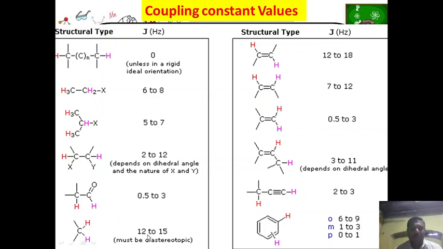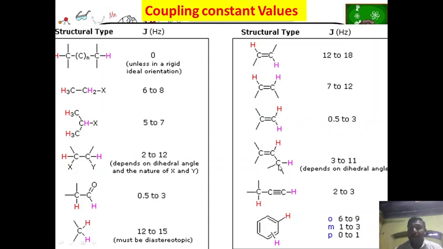Vicinal protons show 12 to 15 if a diastereotopic center is present. In unsaturated compounds, trans coupling across a double bond is about 12 to 18, cis coupling is about 7 to 12, and geminal coupling of the CH2 on a double bond carbon is 0.5 to 3.